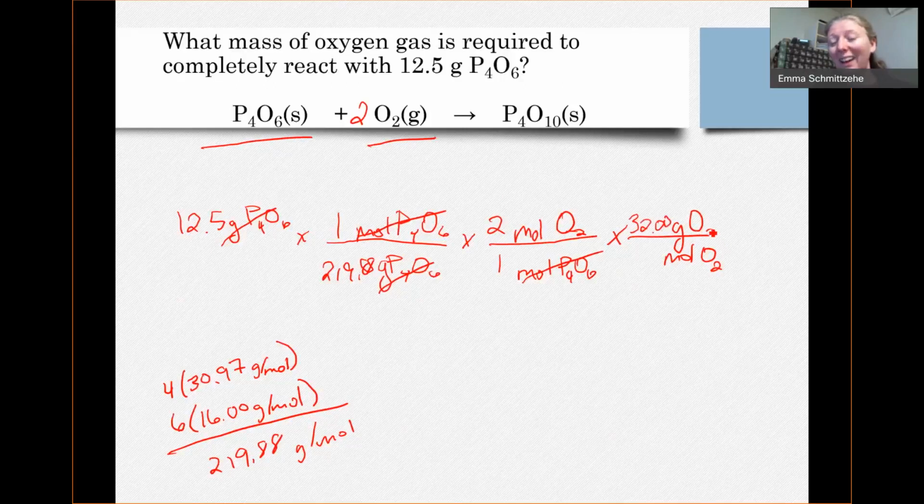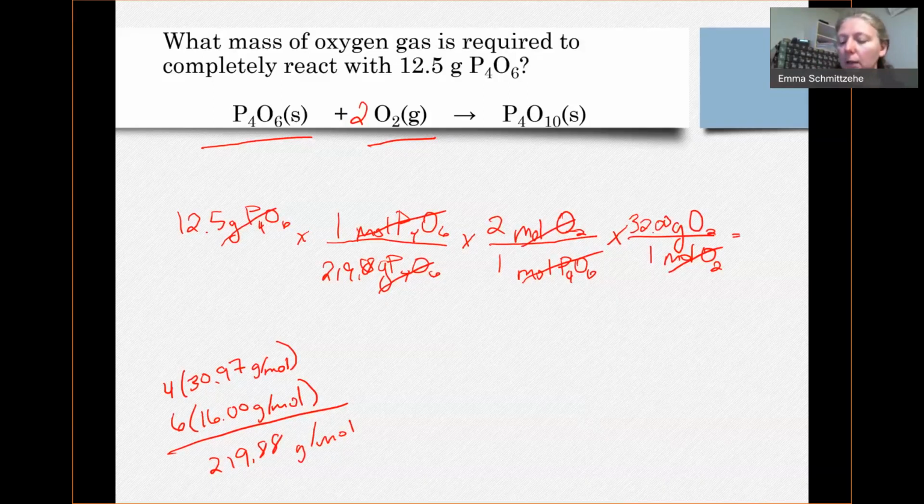O2 is 2 atoms of oxygen. So double the individual oxygen mass. It's 32.00 grams per mole. Okay, and that's going to cancel my moles of O2. So now I just need to type all that in the calculator. So I've got 12.5. I divide it by 219.88, and then multiply by 2, multiply by 32.